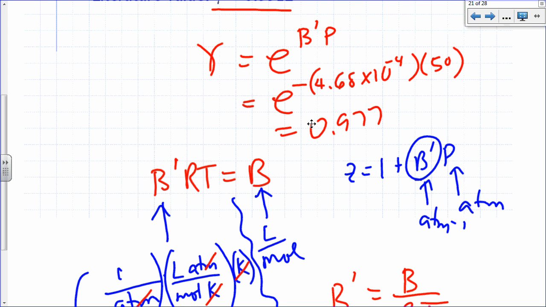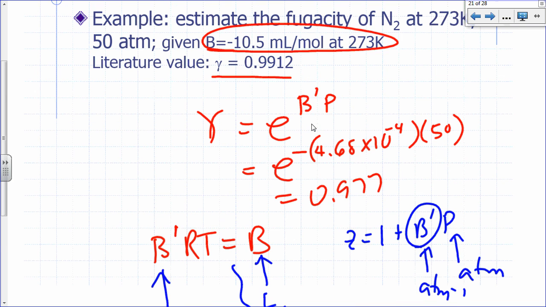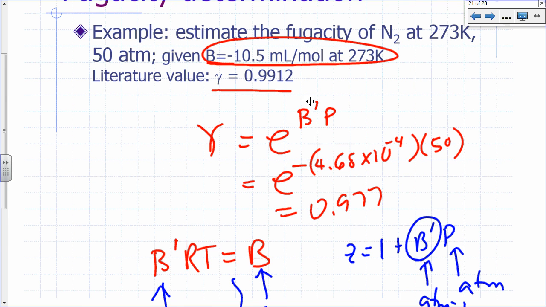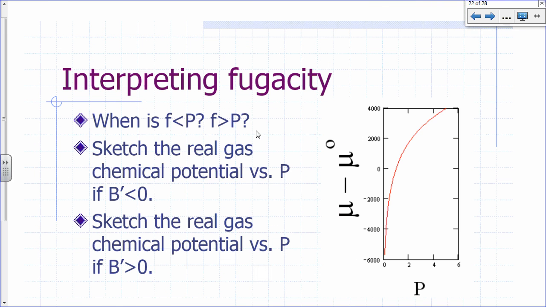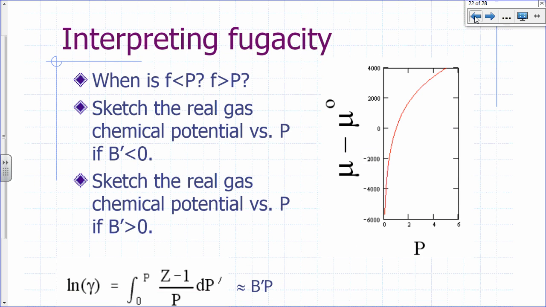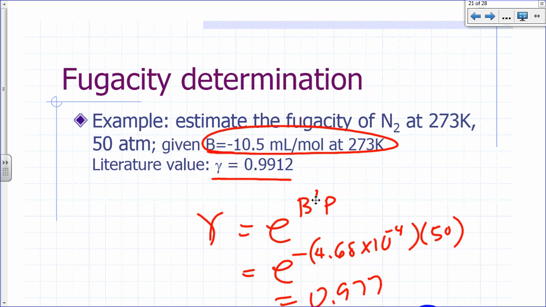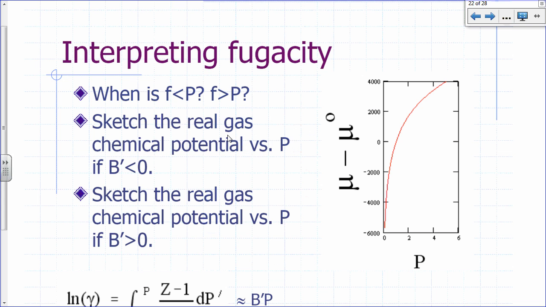That's your gamma, your fugacity coefficient. The literature value is 0.911. So we've assumed that it truncates to the first term in the virial equation, which suggests you may have to go beyond that.